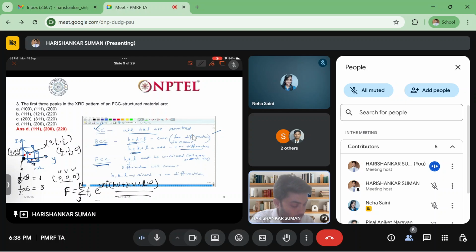You will get a non-zero number when h, k, l are unmixed. You can solve as we solved earlier, and the reflection will occur only if all are even or all are odd. If h, k, l are mixed, then the structure factor is 0, and if this factor is 0, then the reflection is not present.